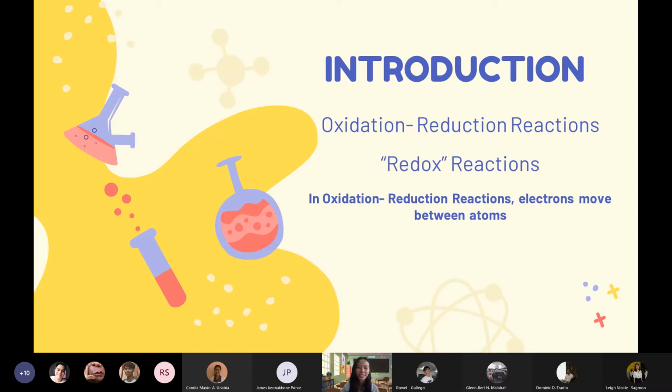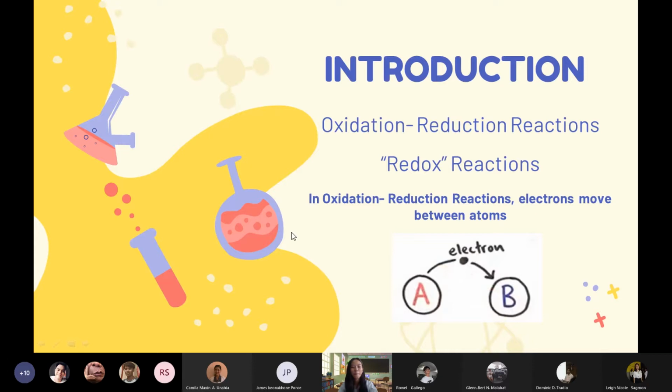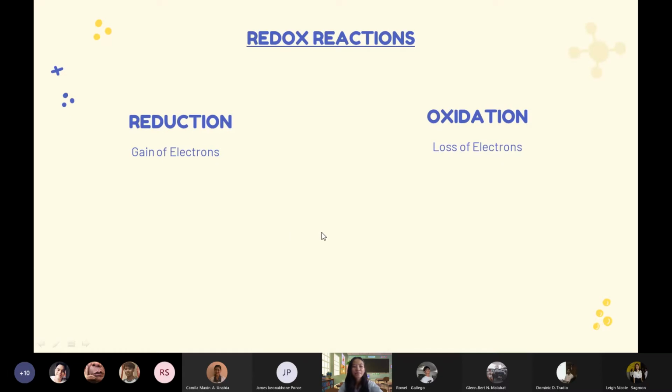In this process, electrons move between atoms. It can also be compounds, where it transfers electrons to other compounds or atoms. Please keep in mind that reduction is the gain of electrons and oxidation is the loss of electrons.